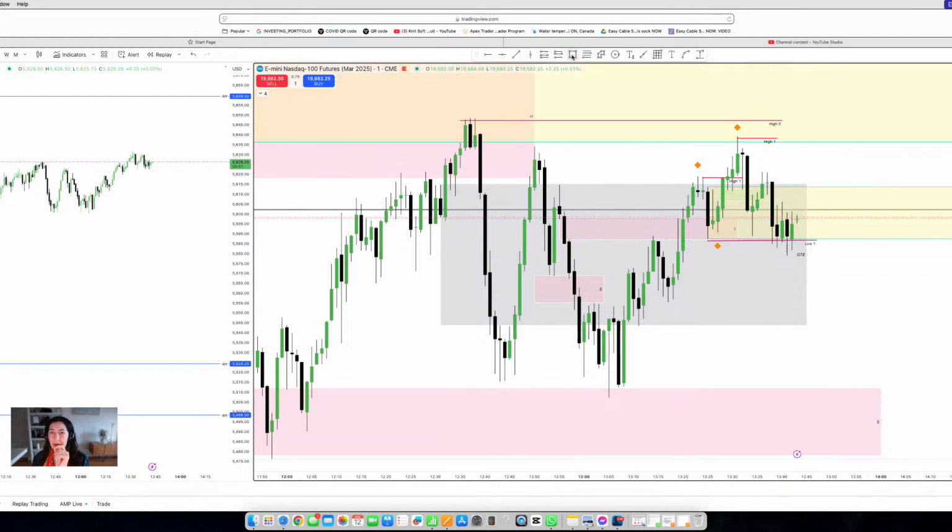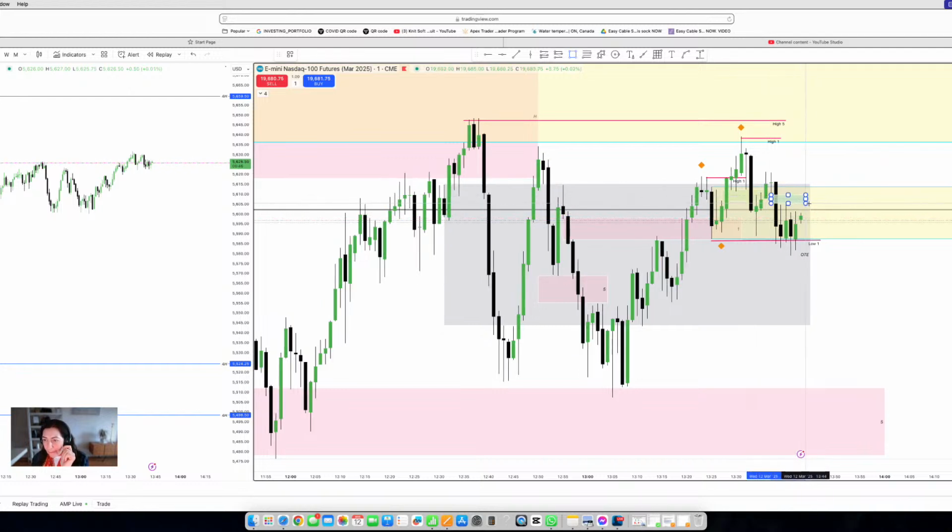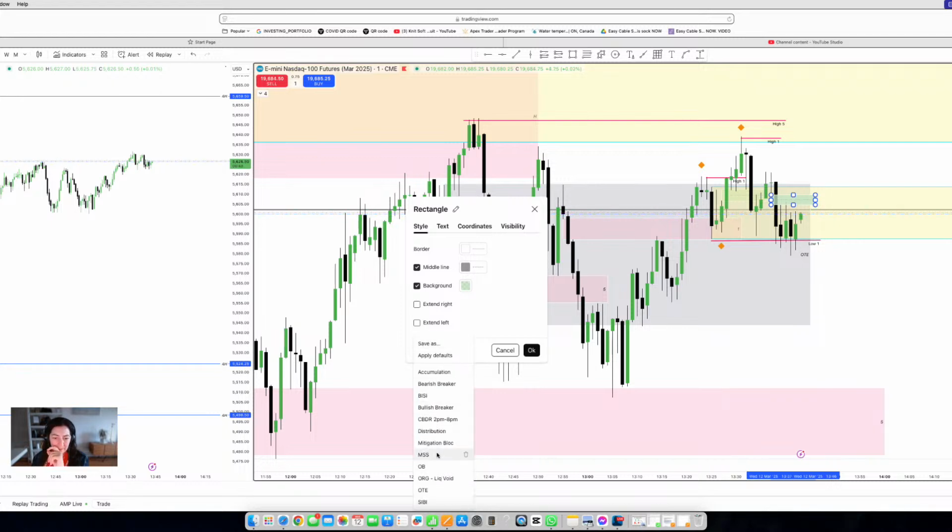Gives us a little bit of a SIBI here. Gives us 2 fair value gaps.